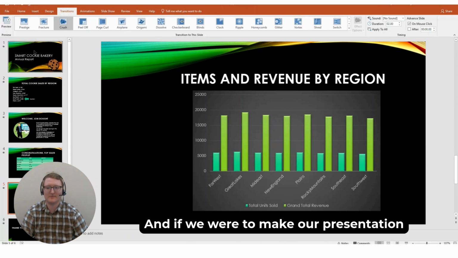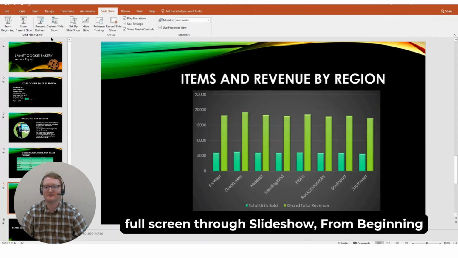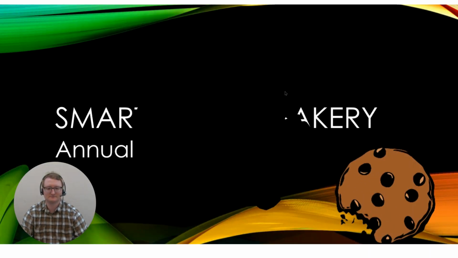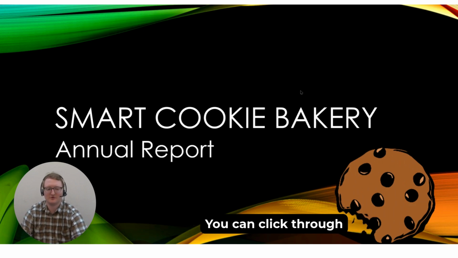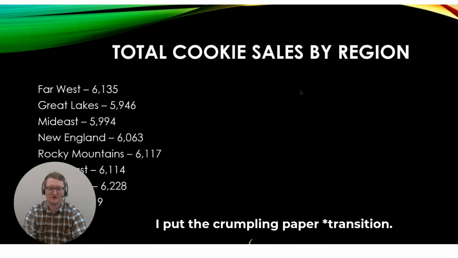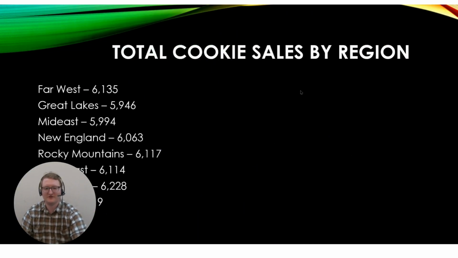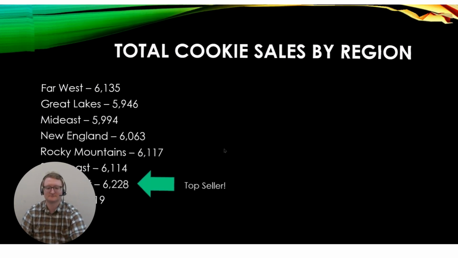And if we were to make our presentation full screen through slideshow from beginning, we'd be able to see that transition. You can click through with your arrow keys or the space bar. I put the crumpling paper animation, and then I have my animation over here.